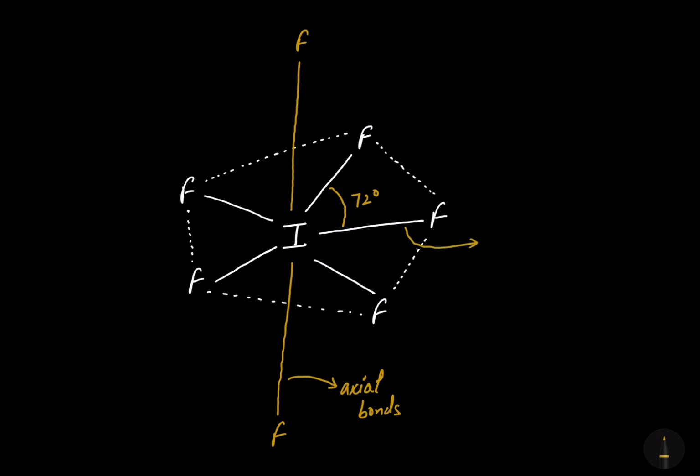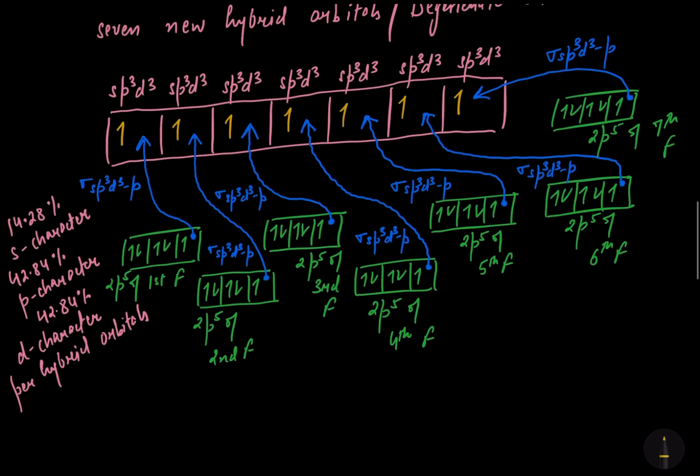So these bonds are called equatorial bonds. And the bond angle of the axial bond with the equatorial plane is 90 degrees. Just try to imagine this in 3 dimensions. So that's all about the structure of IF7, and that's all about the hybridization.